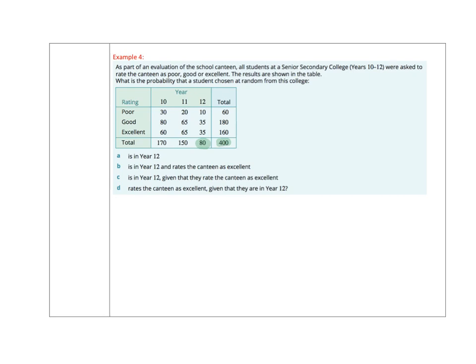So part A is really just a matter of saying the probability that a student will be in year 12 is equal to 80 over 400, which we may look at as 8 over 40, and that works out to be 1/5 or 20%.